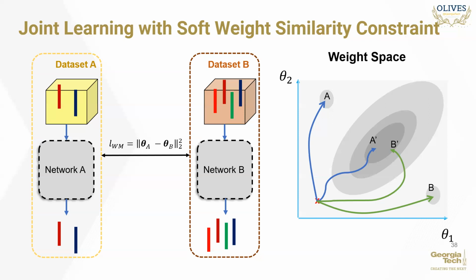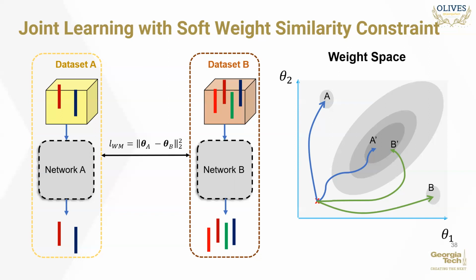So it's not a hard constraint in that the networks are forced to find the exact same spot, but it's a soft constraint in that they have to find two different solutions in the proximity of each other. It could be the same solution if that is what benefits the two network architectures, or it could be different solutions.